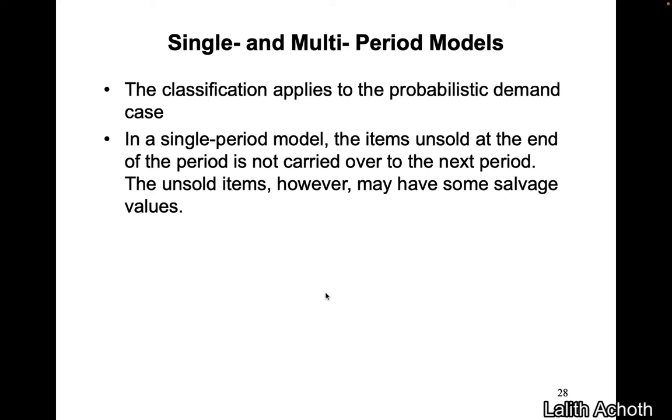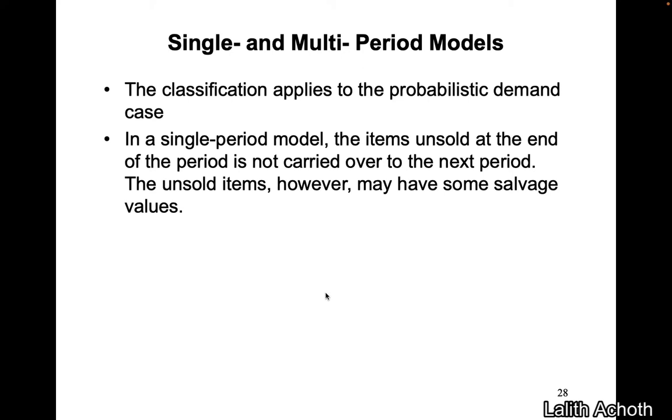The unsold items, however, may have some salvage value. If you go to the market late in the evening, she will give it to you at a much discounted price. If she was selling it for 40 rupees a kilo, she'll probably give it to you for 15 rupees a kilo. Now, a good example of this is calendars. Calendars are sold between September of this year till February of the next year. After the year is over, there will be no demand.